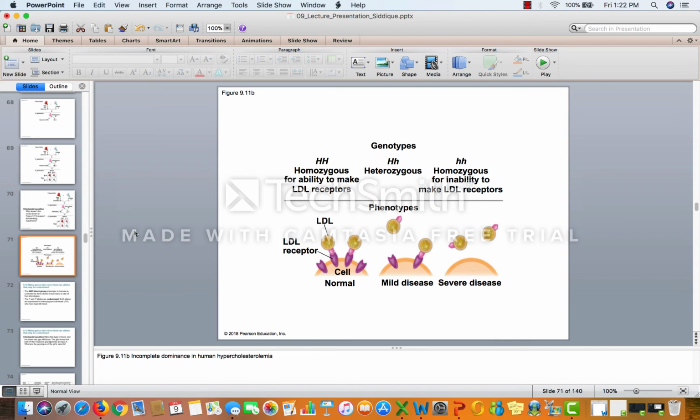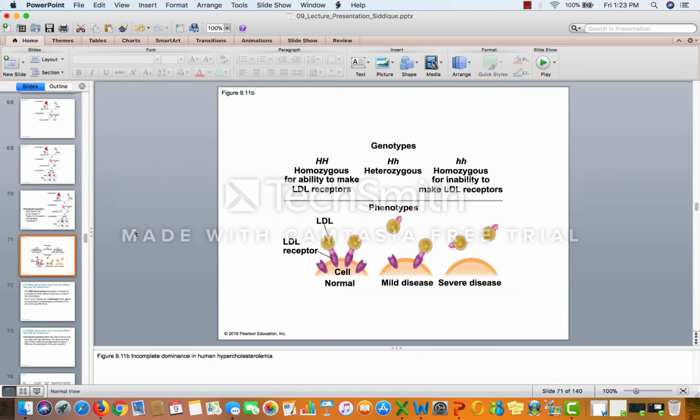Okay. Let's talk about LDL receptors, low density lipoproteins. If anyone's ever had their cholesterol checked, there's two things, HDL and LDL. HDL is your good fat. LDL is your bad fat, right? Low density lipoproteins. So the normal thing is if you have something homozygous dominant, it's two H's. Heterozygous is mixed, dominant and recessive. Homozygous recessive basically means you don't have the ability to make LDL receptors, right? That's bad.